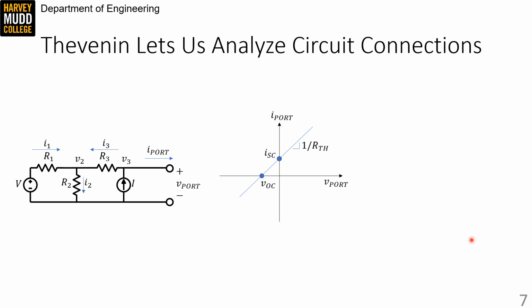If I were to increase V port by some amount, there's no element in this circuit that would cause I port to respond to that increase in a nonlinear way. That's neat, and it lets us simplify our representation down to a few key measurements, which I've included on this plot.